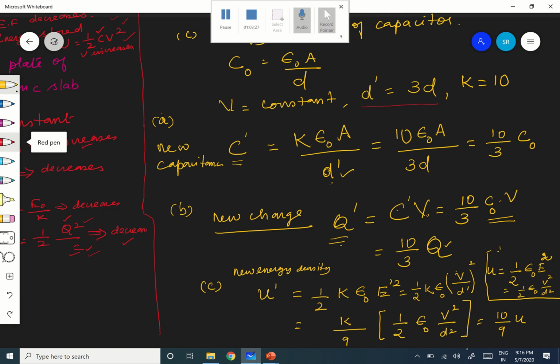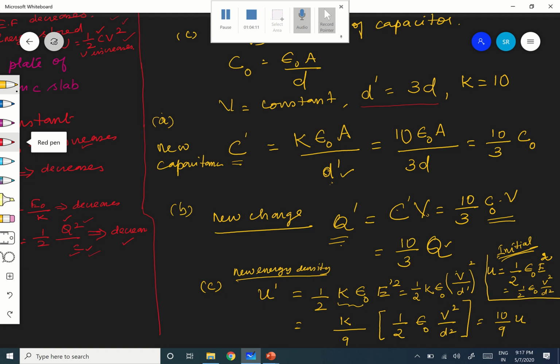Before introducing the dielectric, it is only air, so the initial energy density is half epsilon naught E squared only, because epsilon naught, no dielectric, and E is nothing but V by D. But now the new energy density is half K epsilon naught E dash squared, because of the dielectric.